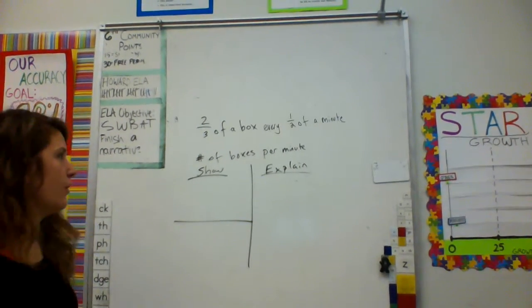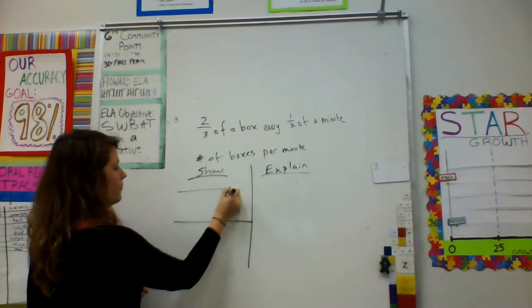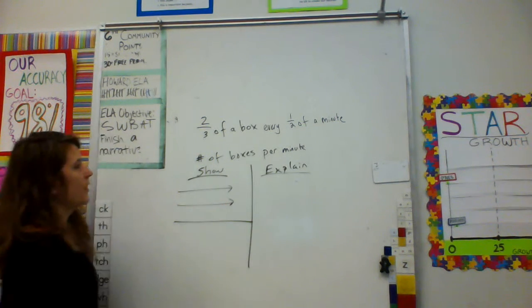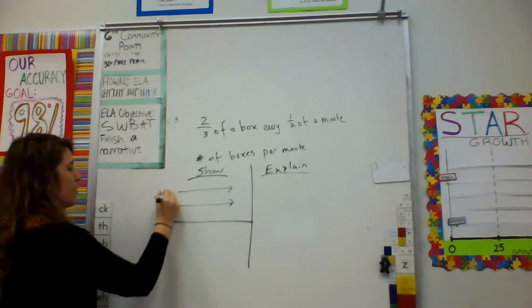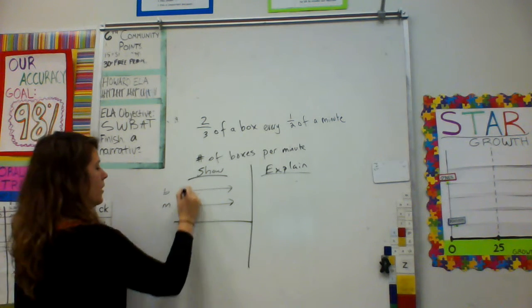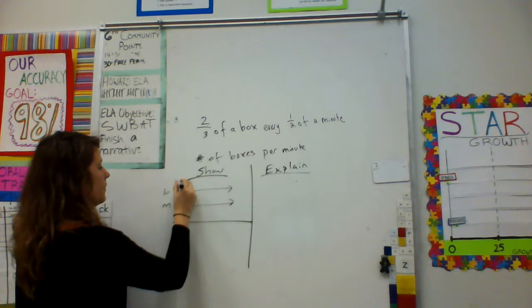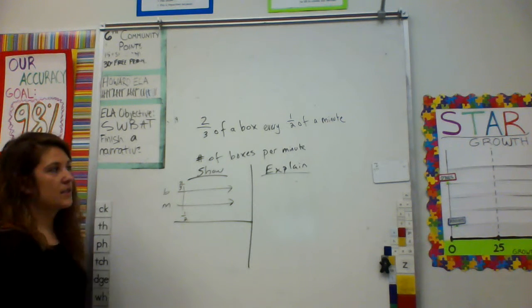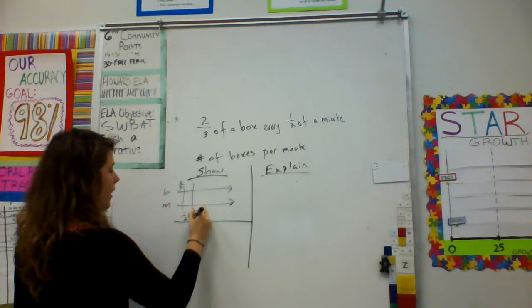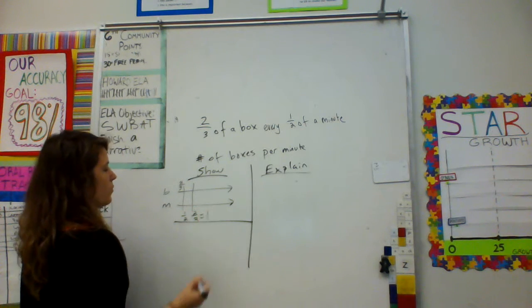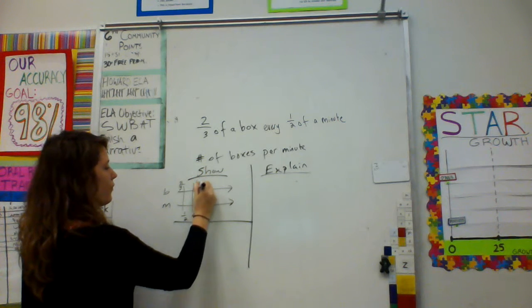There are 2 different ways I could show it. I could do a double number line, and I'm looking for per minute, so I'm going to put minute at the bottom and boxes at the top. I know that in a half of a minute, 2/3 of a box is packed, but I want to know per 1 minute. So I go to 2/2, which means 1 minute, and I get 4/3.